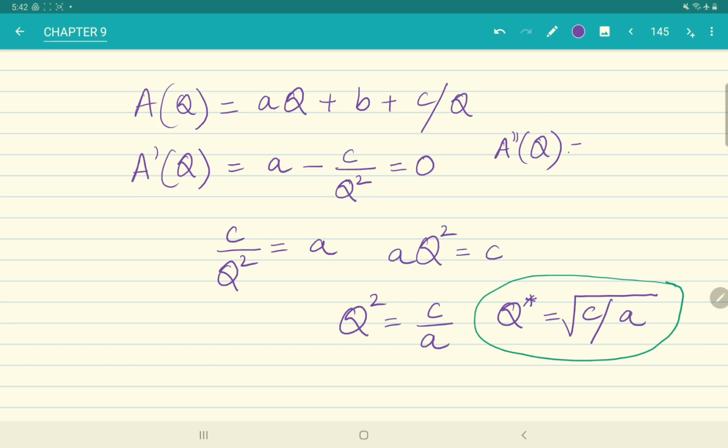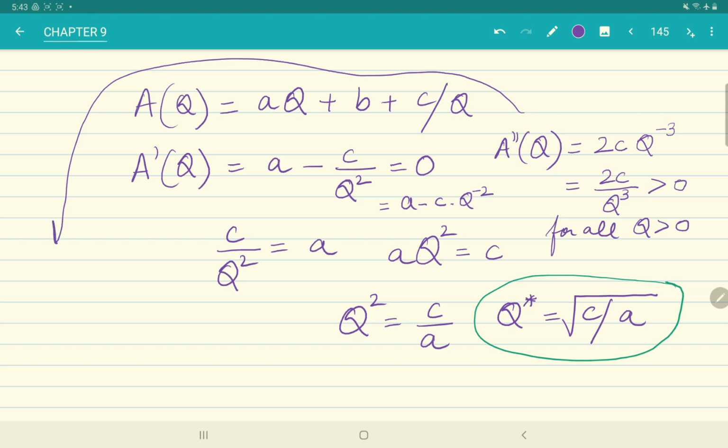The first derivative can be written as a minus c q raised to the power minus 2, so the second derivative is 2c q raised to the power minus 3, that means 2c by q cubed, which is greater than 0 for all q greater than 0. That just means my a of q is convex.